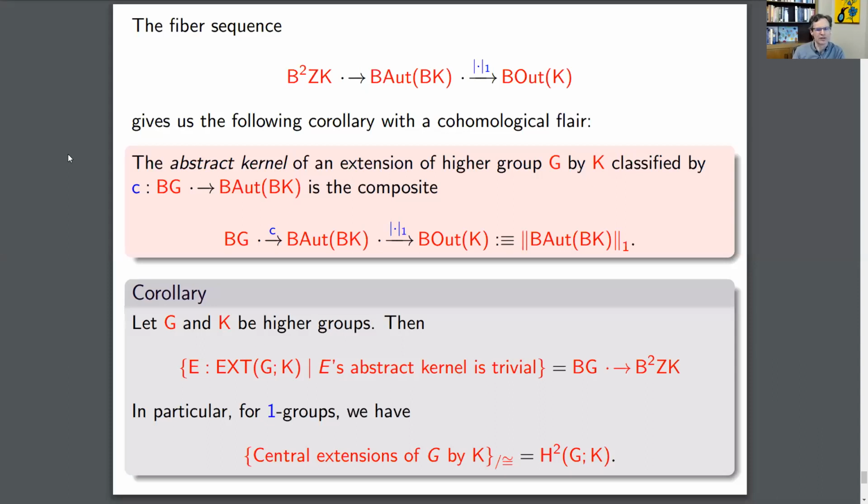I have a question. These are extensions that would normally be called as living in Ext1. Have you thought about higher Exts, longer extensions? So Ext1 is usually in the abelian setting. Yeah, exactly. So you probably want higher non-abelian extensions or something, or even higher abelian extensions. I'd be wondering if you thought about that. I'll say that I've had thoughts about it, but I have no idea.